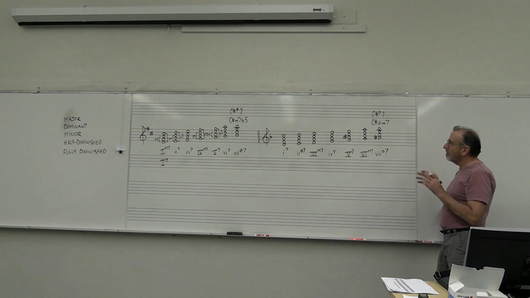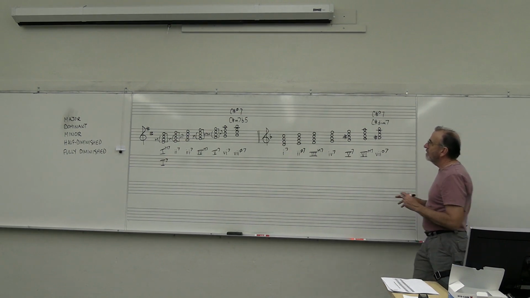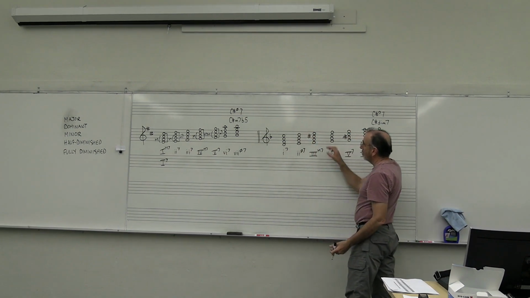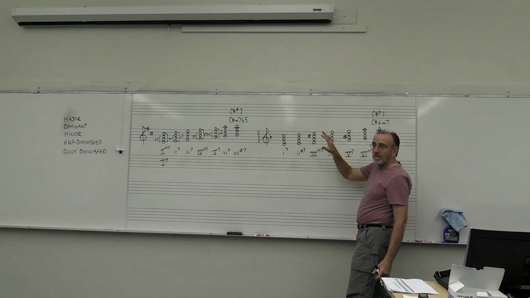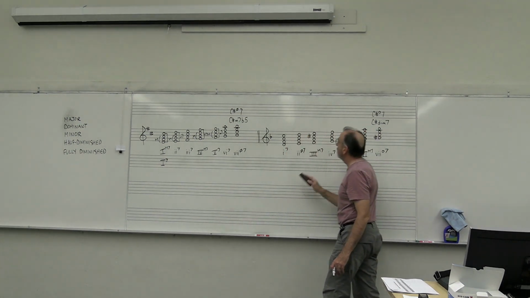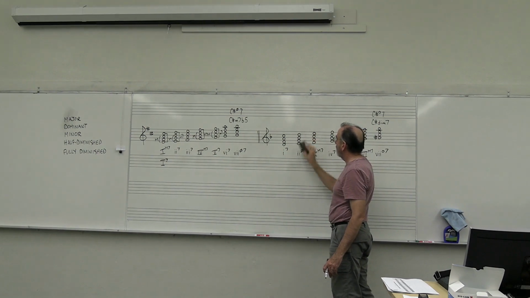And those are, again, the standard qualities. If I did something like put a C sharp there, I'd end up with an augmented triad and a major 7th, and it's a possibility, but not very likely, and it would probably be treated more like a non-chord tone than as an actual harmony.